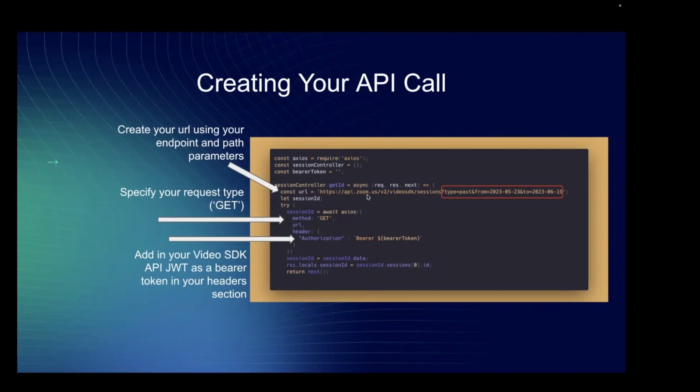I have my base URL at the beginning, so that's https://api.zoom.us/v2/videosdk. I'm specifying that I'm working with sessions, and then I've customized from there, denoting the type of sessions that I want to look at, so past versus live, and then denoting the time range from where I want to look. So from May 23rd to June 15th of last year.